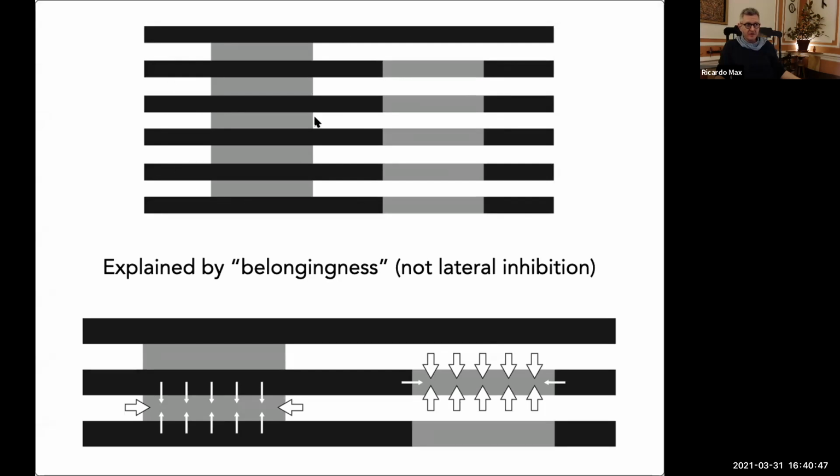You feel it, that it's one object occluded by these lines, meaning that this rectangle belongs to a white background. This, physically in terms of light, is identical to this.